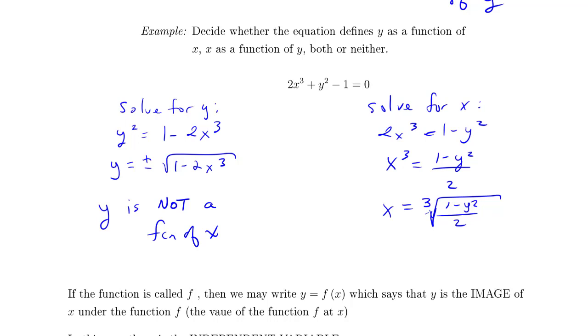And I notice that because now we're doing the cube root, that's unique. So any given y can only give one x. So x is a function of y. So in this case, only one of them was, and it was x as a function of y here.